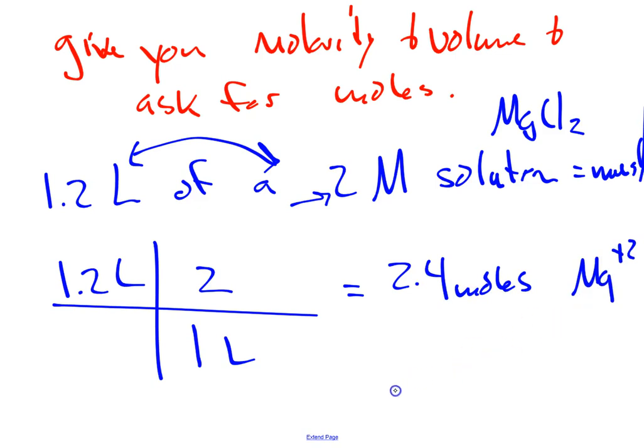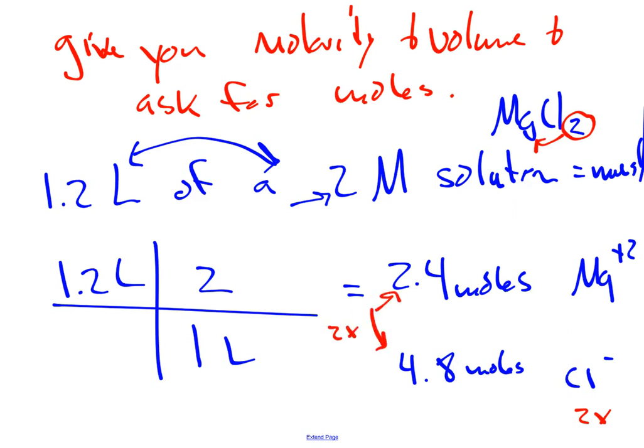But how many moles would it have of Cl? 4.8 moles. The reason why is there are 2 chlorines that break off to every 1 Mg. So the chlorine must be 2 times greater than the Mg.